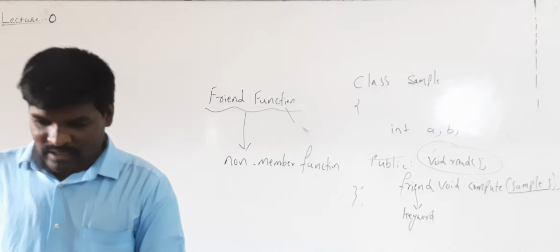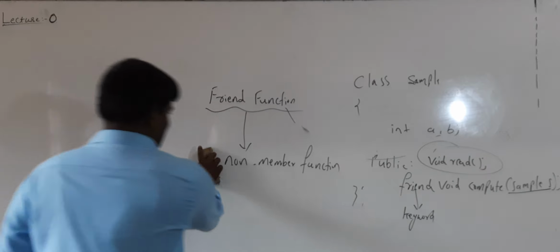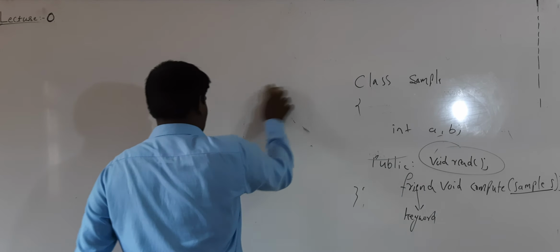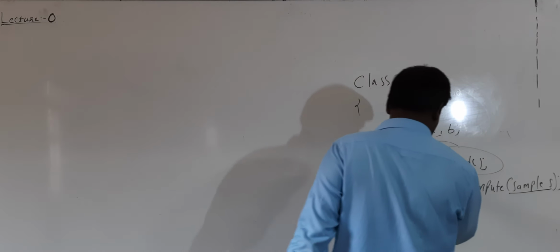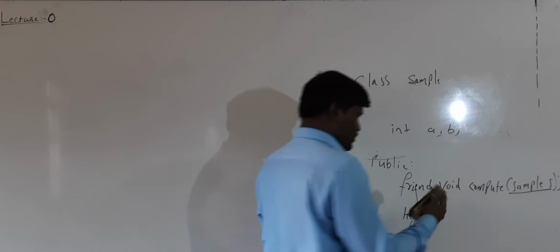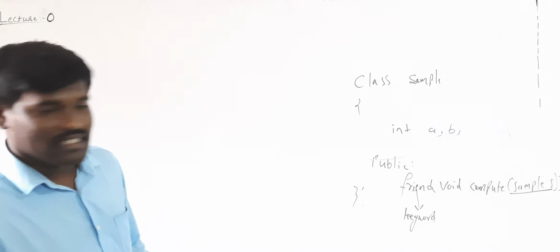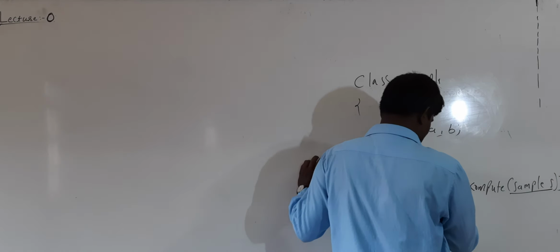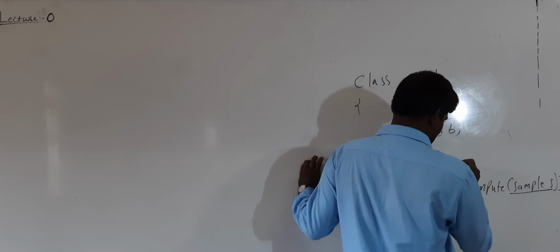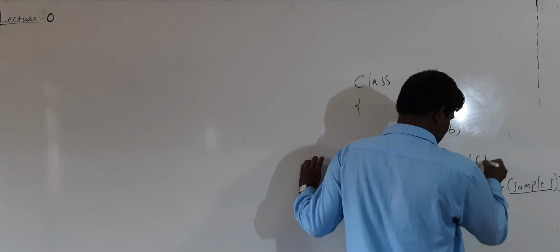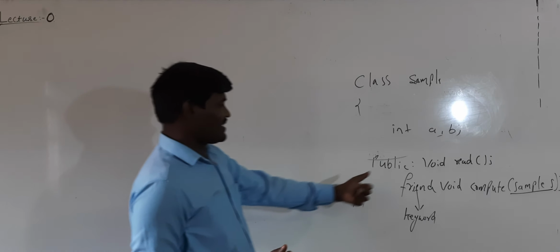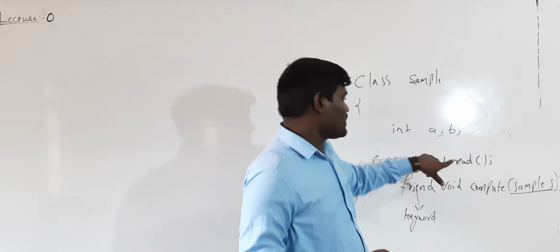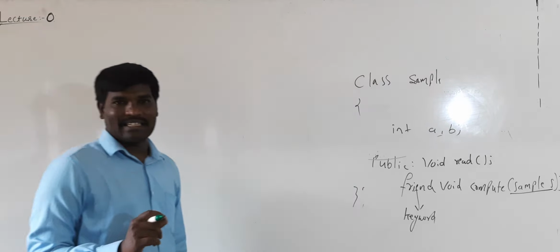Now you have to see the example. I declare friend void compute(sample s), and I declare void read. Here void read is declared in the public section. It must be defined outside the class.